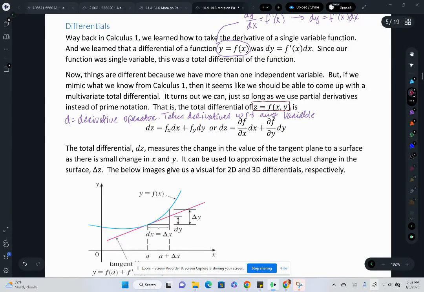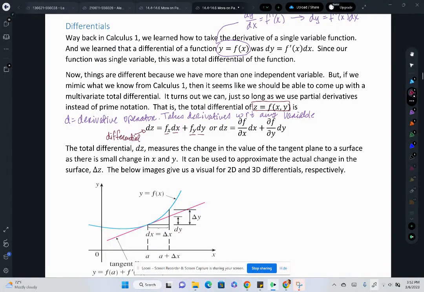And then I'm telling you that the differential dz is equal to a partial derivative with respect to x times dx plus a partial derivative with respect to y times dy. And that is true.